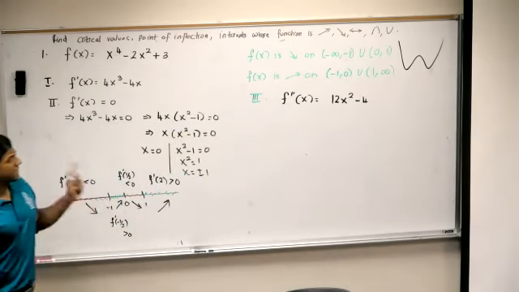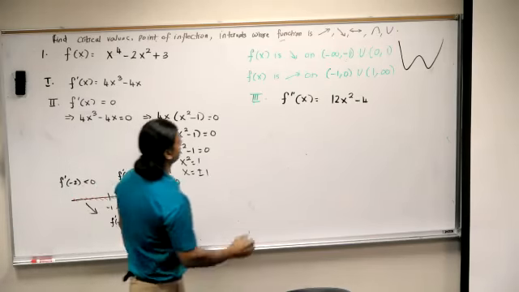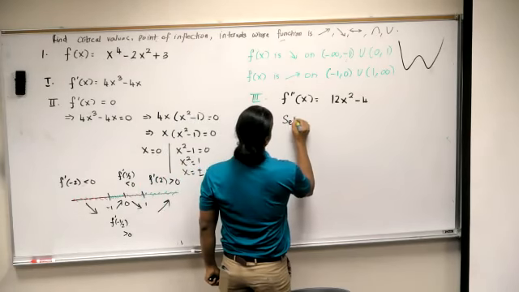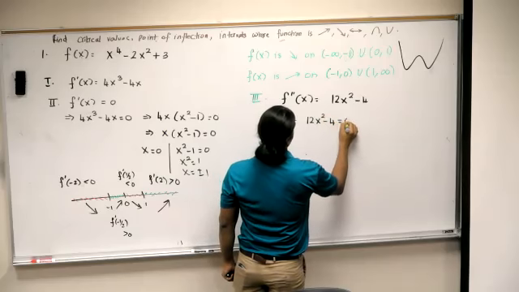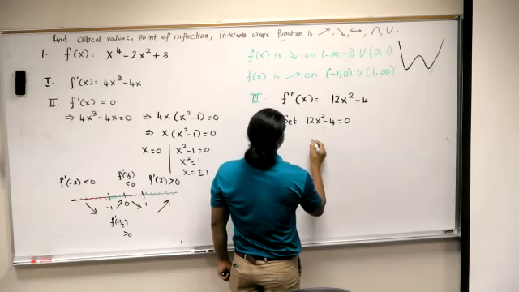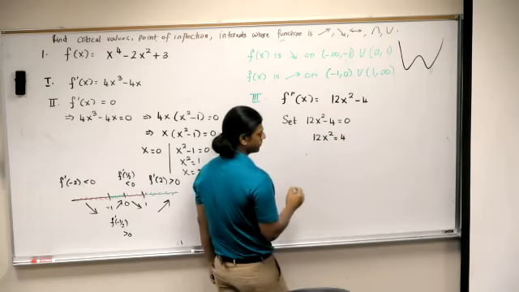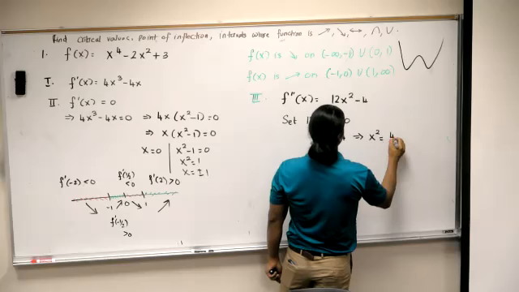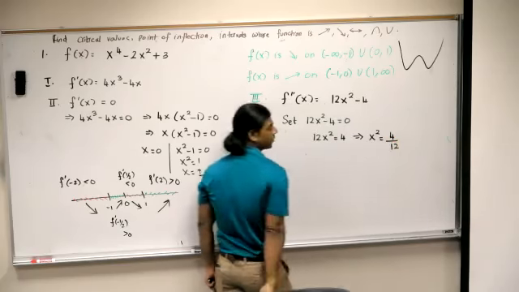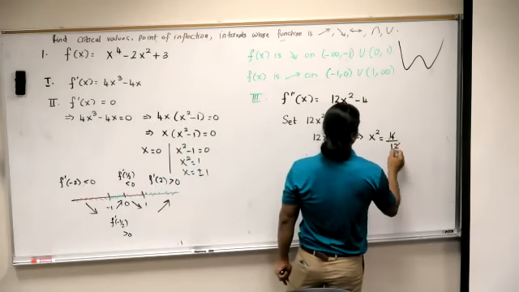So we want to set that equal to 0. So 12x squared would equal positive 4. X squared would be equal to 4 divided by 12, or 1 over 3. 4 over 12 is 1 over 3.